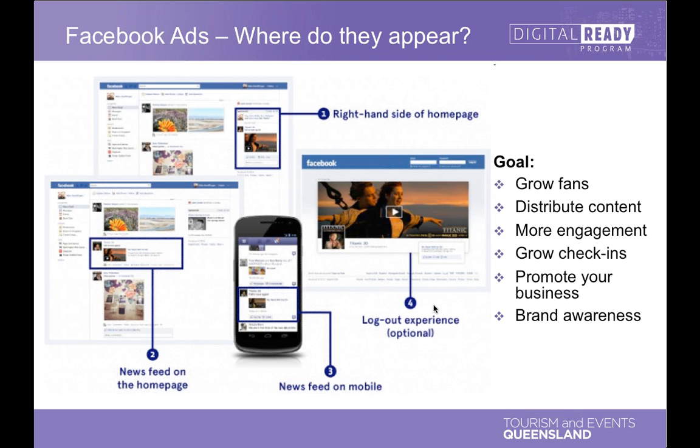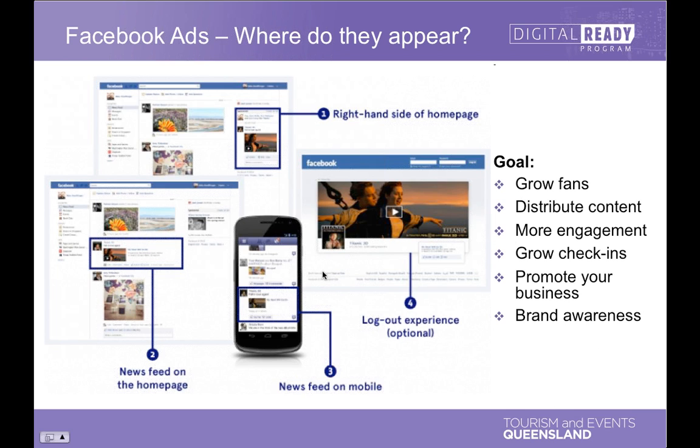One other place they can appear is what's called a logout experience ad. This is optional. This normally is only bought via an approved Facebook ad reseller, which is normally an agency, and it's quite a large purchase if you want to do it. So it's more for what we call premium advertisers. Facebook has a couple of premium products.